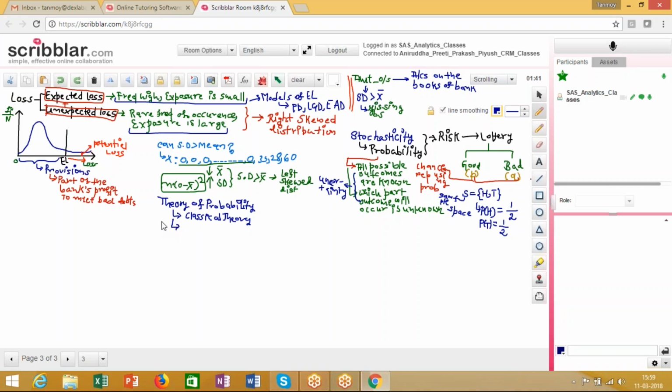Right? Now, after classical theory comes the mathematical theory of probability, which talks about probability in terms of random variables and all.